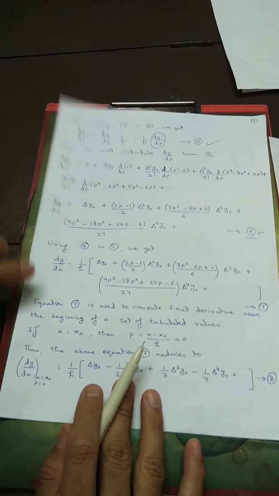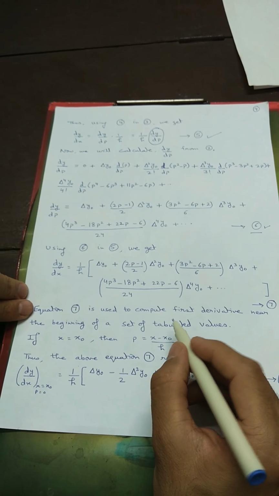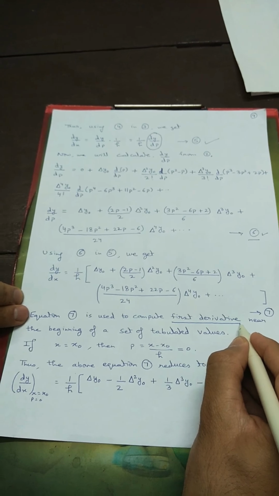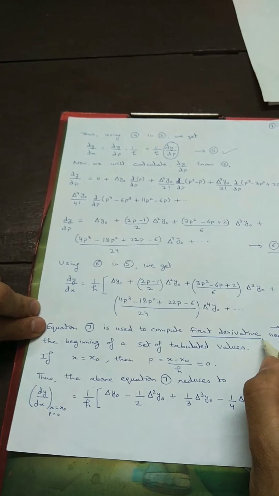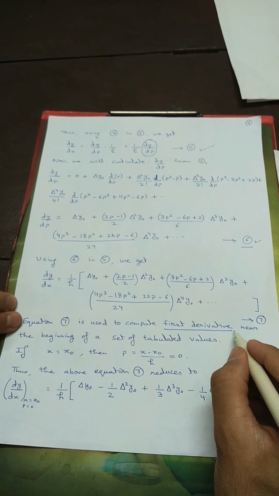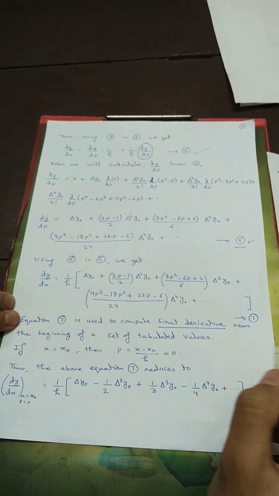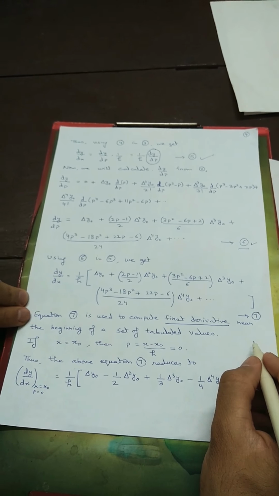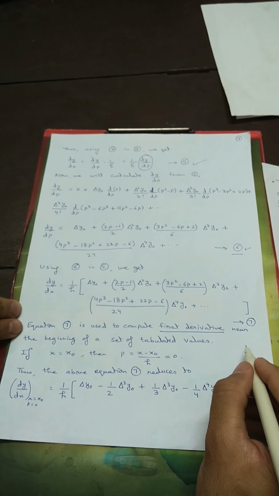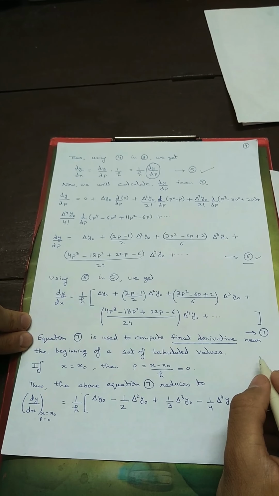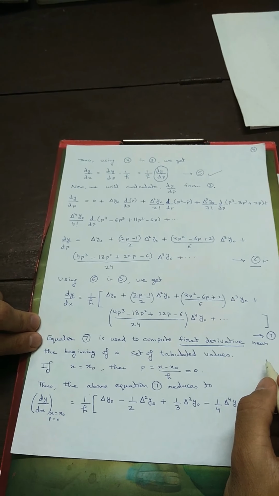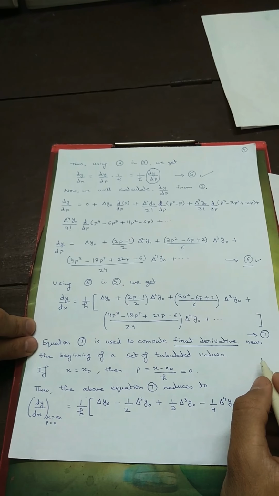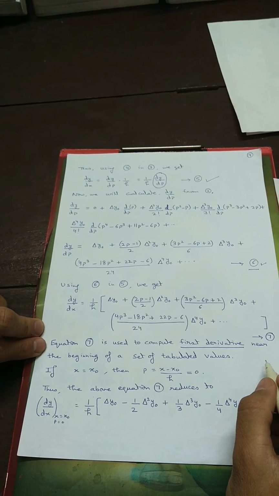Now this equation number 7, if you see, is used to compute the first derivative using Newton forward interpolation formula. And as I stated in the beginning, the Newton forward interpolation formula is used to find the values near the beginning of a set of tabulated values.